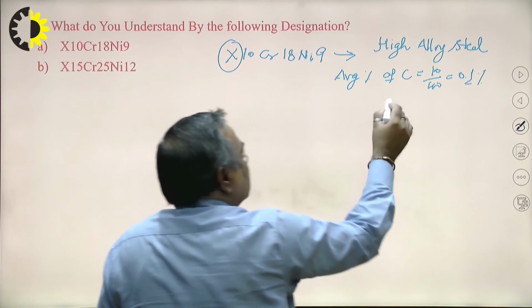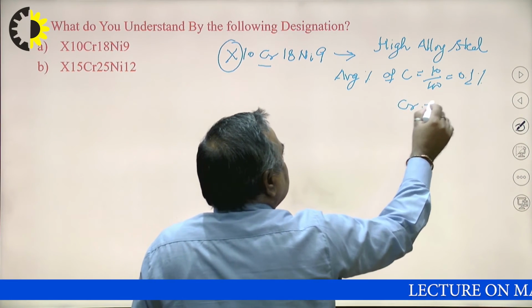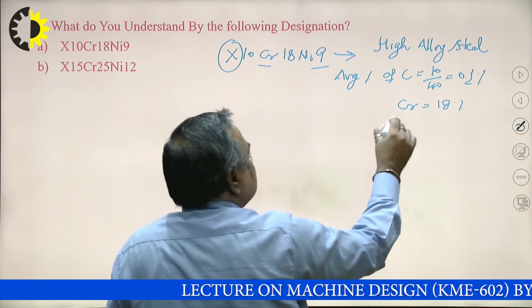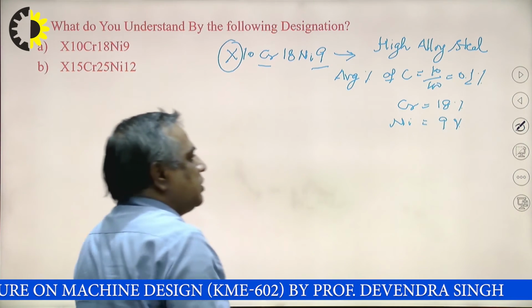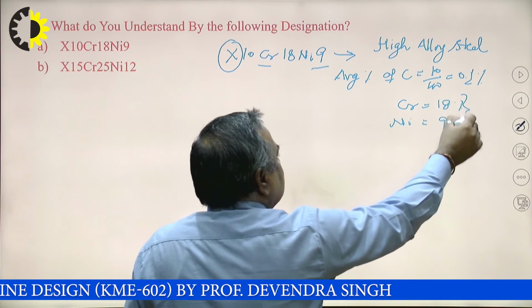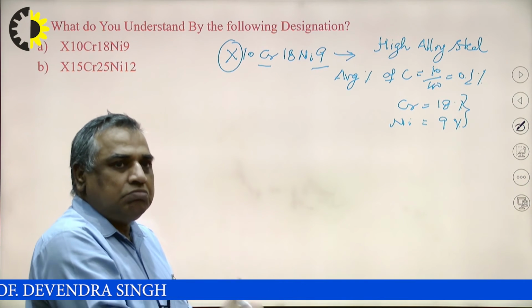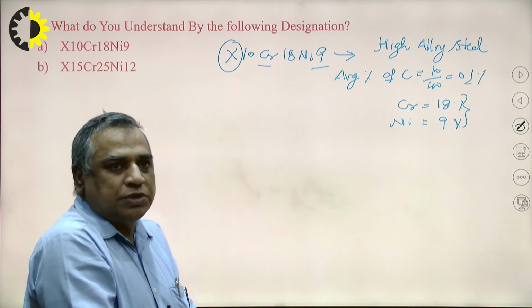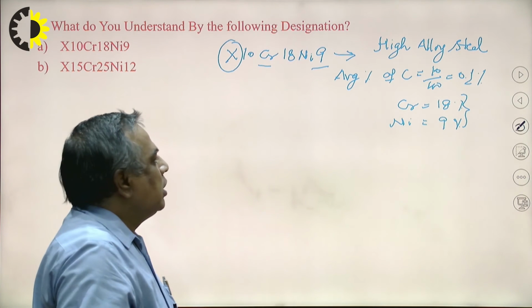Then next is the chromium. Chromium is 18%, we will write as it is, and nickel is 9%. If we add, the total is 27%. So the total sum of the average percentage of alloying elements is 27%, more than 10. So it is high alloy steel.